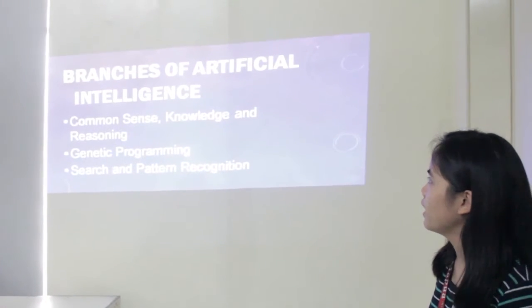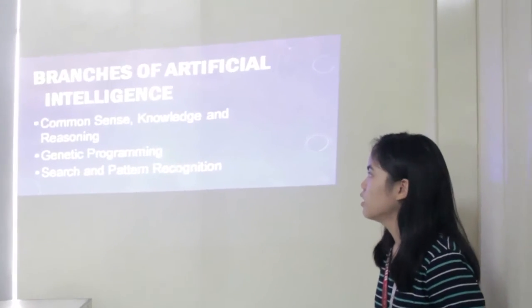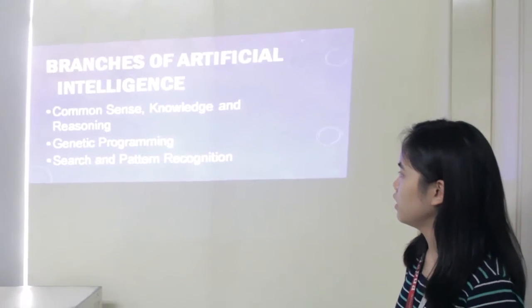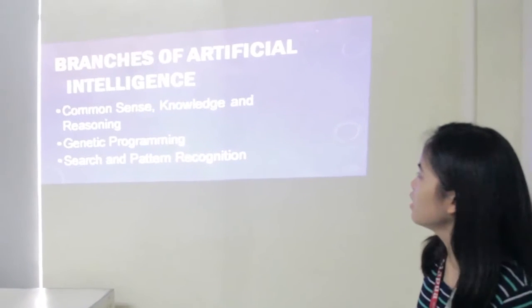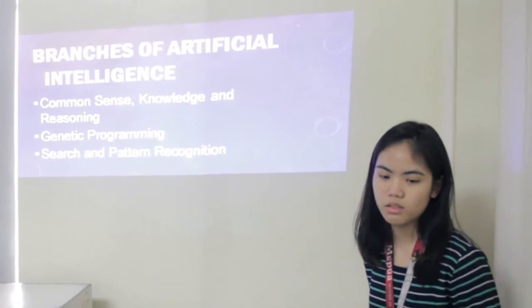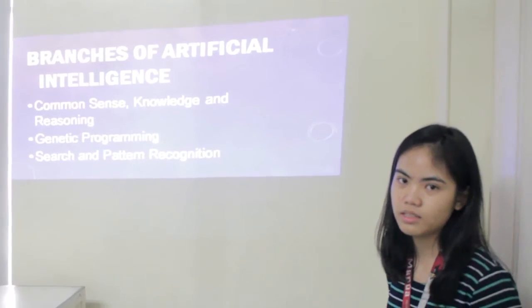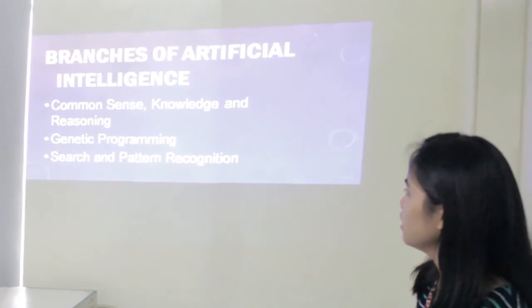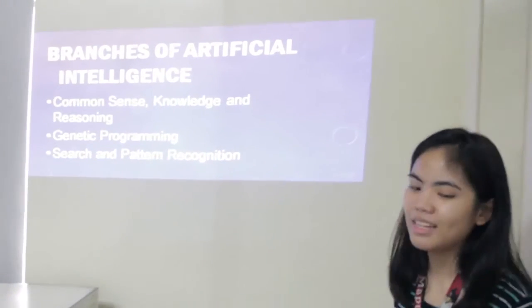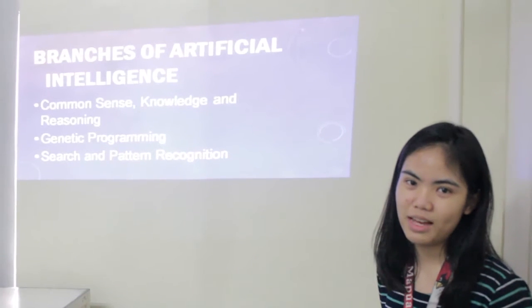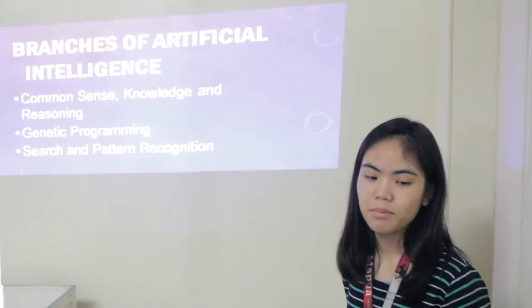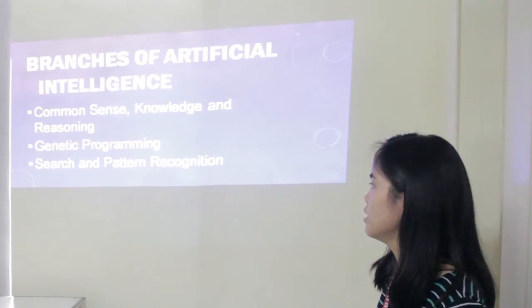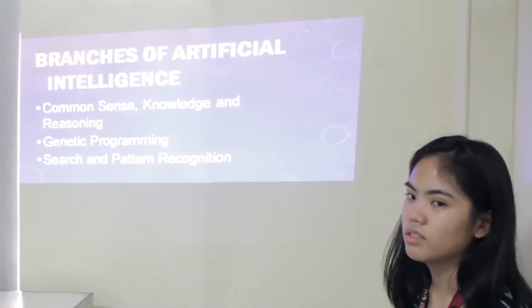There are also three branches of artificial intelligence: common sense, knowledge and reasoning, genetic programming, search and pattern recognition. Common sense, knowledge and reasoning are the abilities to judge, perceive, and understand things, while genetic programming is the technique used to encode and modify a set of genes. Search and pattern recognition are machine abilities that focus on pattern recognition and regularity.